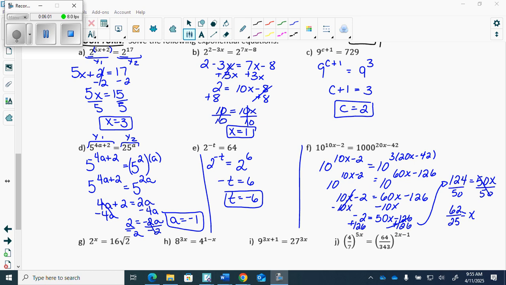I add 126, I get 124. Great. Math cannot be right. The calculator says I am not right. 60x, and this 126, and say 50. This number is so messed up it can't be right.